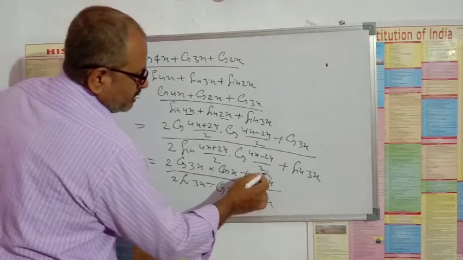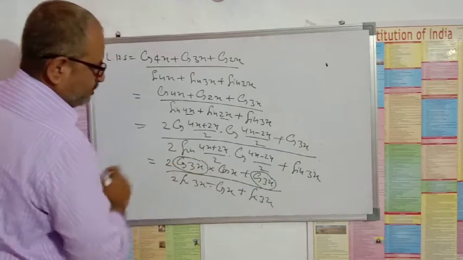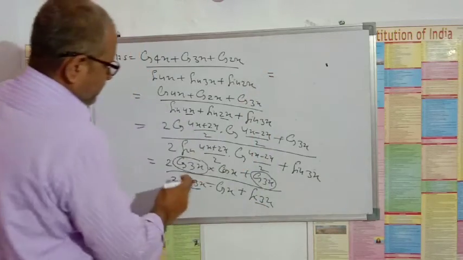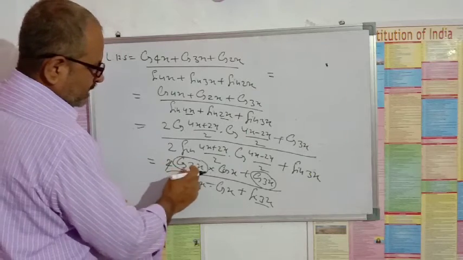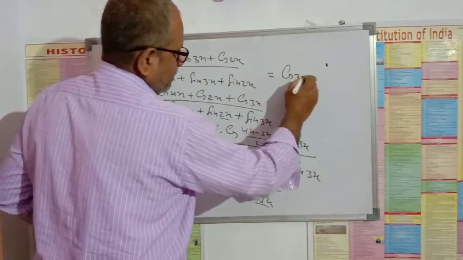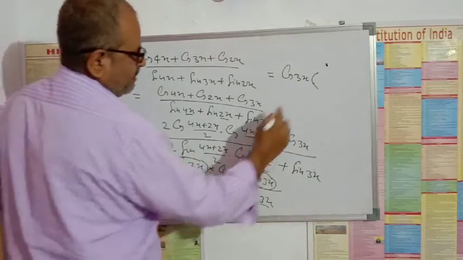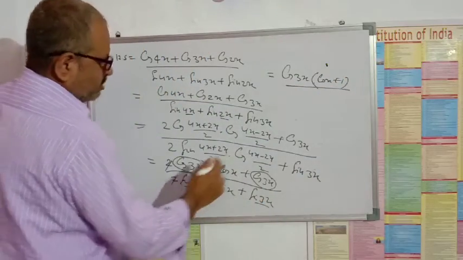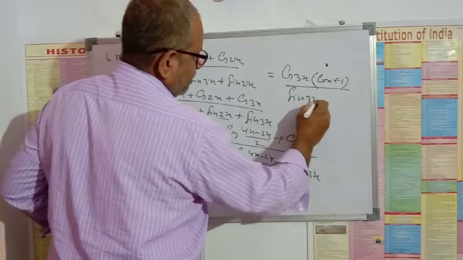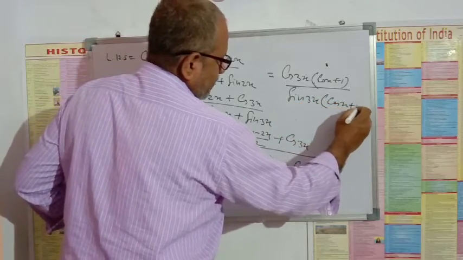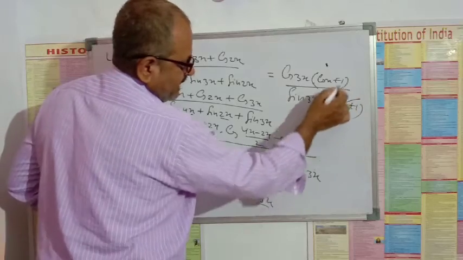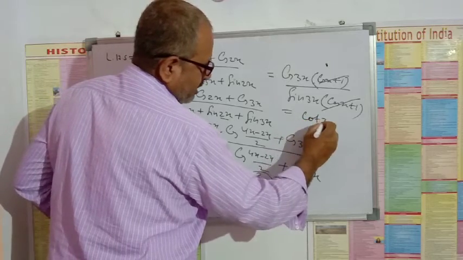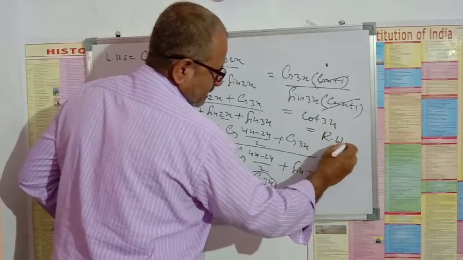We see that cos 3x is common in the numerator and sin 3x is common in the denominator. Taking cos 3x common, we get cos 3x into (2 cos x plus 1), upon sin 3x common, (2 cos x plus 1). The (2 cos x plus 1) cancels with (2 cos x plus 1). Cos 3x upon sin 3x is cot 3x, which is the right hand side.